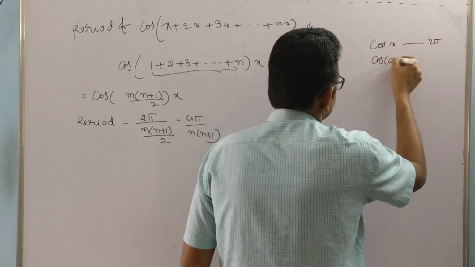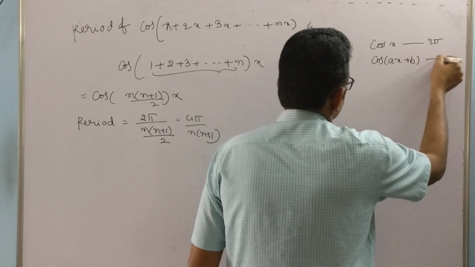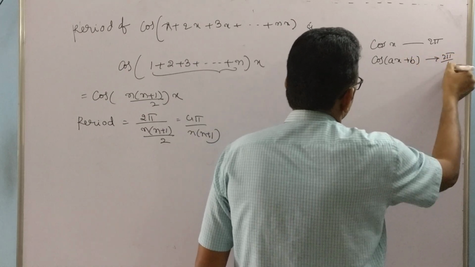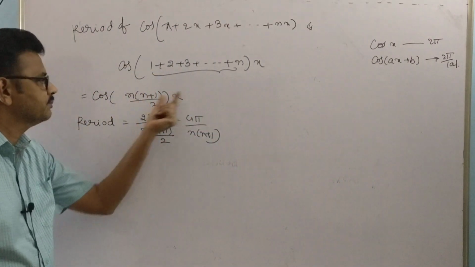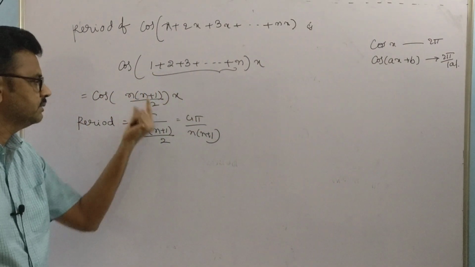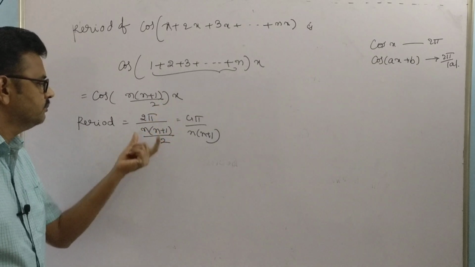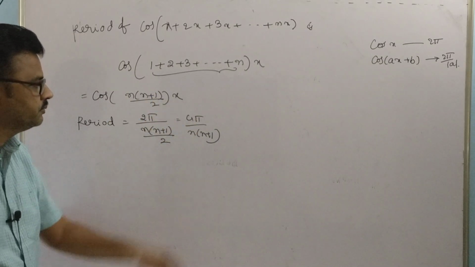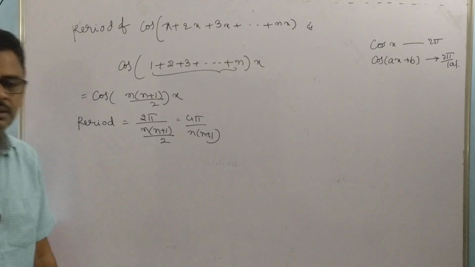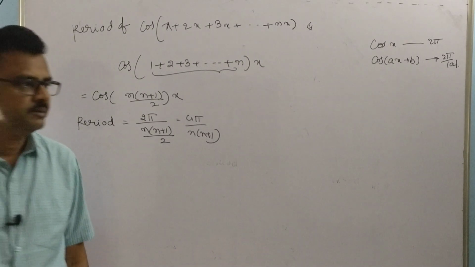Cos of ax plus b period is 2 pi by mod a. So this is cos of ax plus b form, 2 pi by mod a, where a is n into n plus 1 by 2, which is 4 pi by n into n plus 1. That is the period.